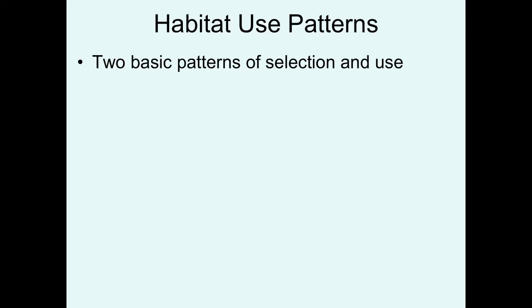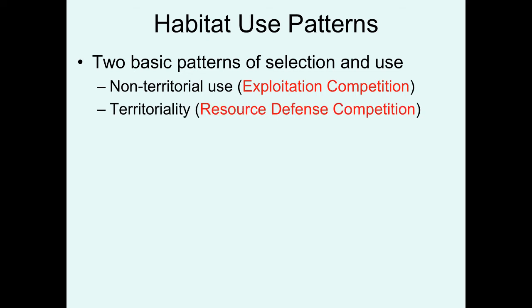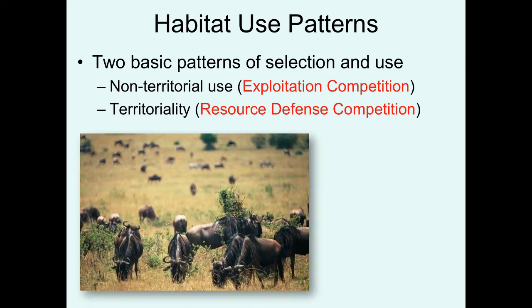So there are 2 basic patterns of selection and use of habitats that we're going to be covering. We'll first talk about exploitation competition, which is non-territorial use of habitat. Then we'll move on to talking about territoriality or resource defense competition. An example of the first, exploitation, another term for it is scramble competition, is seen in grazing ungulates.